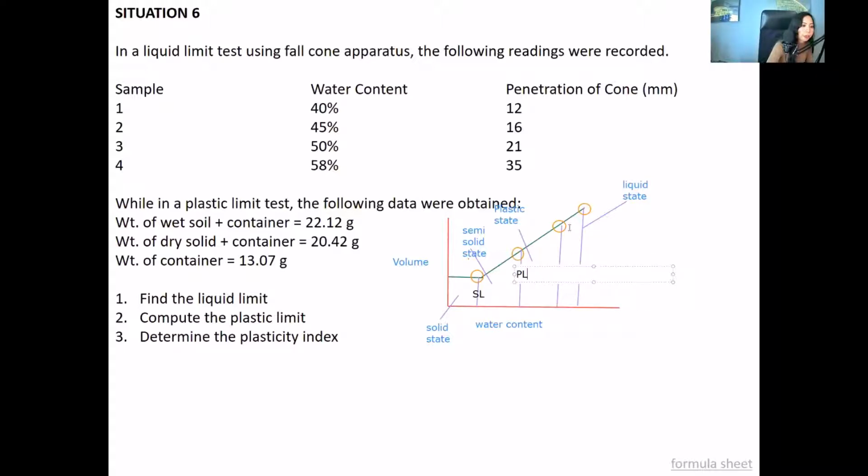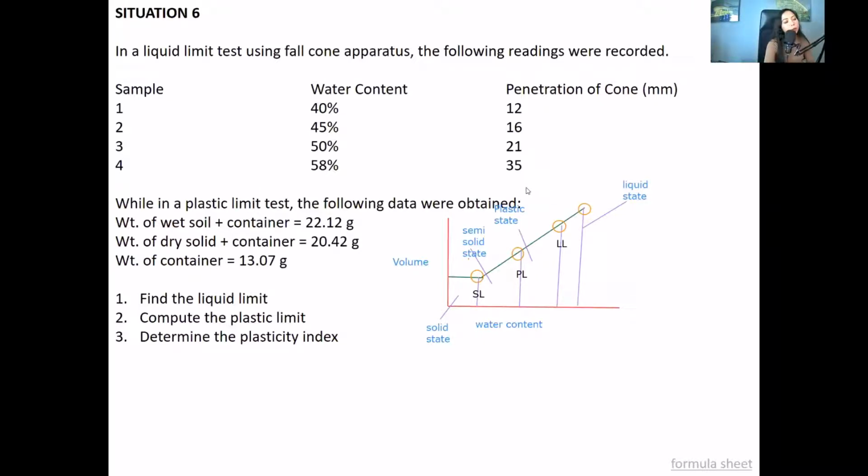And then this point here is my liquid limit. Okay? I hope this is clear.